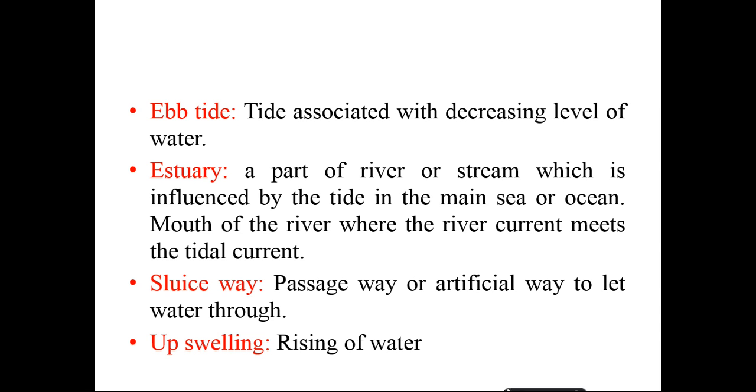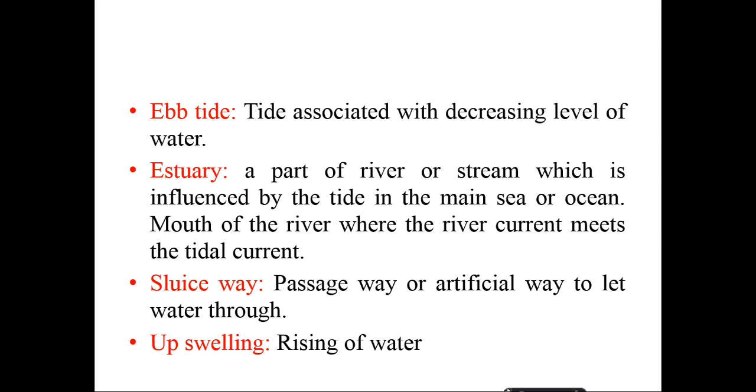Then we have ebb tide, the tide associated with decreasing level of the water. The next concept is estuary, a part of a river or stream which is influenced by the tide of the main sea or the ocean. It might be the mouth of a river where the river current meets the tidal current. We can observe certain rivers that merge with the ocean.